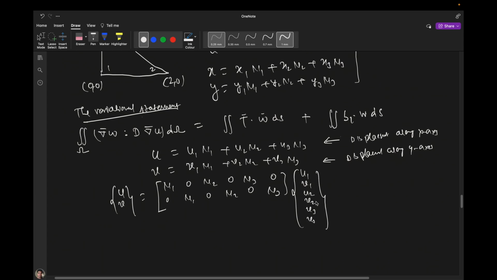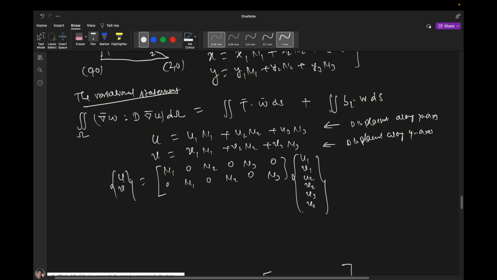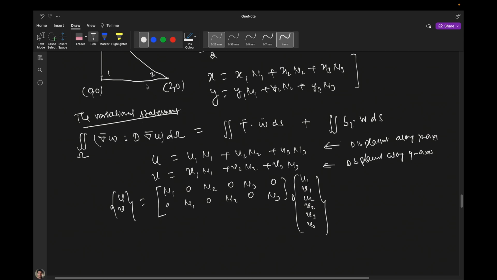Okay, so this is the u and v matrix. I mean the displacement at one node, which can be written in this form.